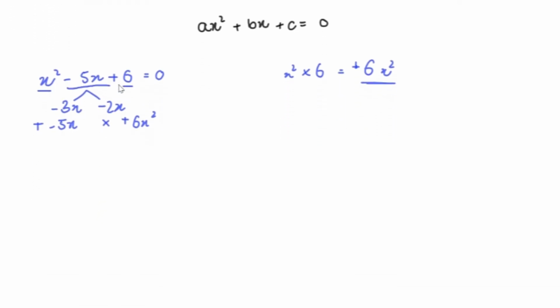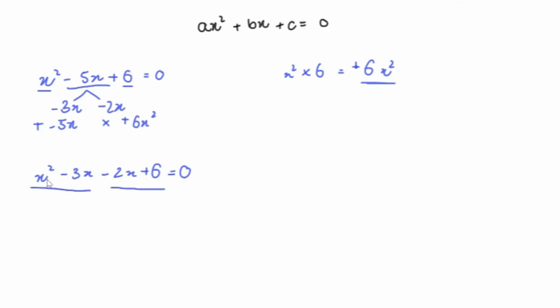Now we simply need to write these in place of minus 5x. So we can write our equation as x squared minus 3x minus 2x plus 6 is equal to 0. Now we need to take common values from these and these.